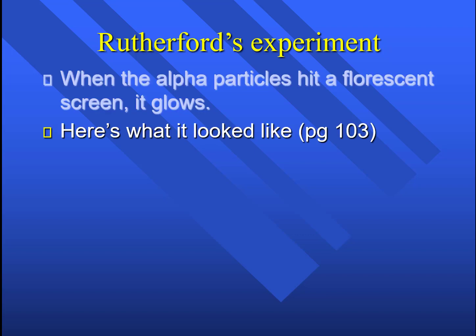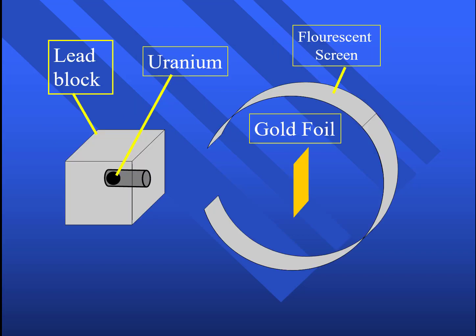So this is on page 103 in your book. This is me trying to draw it. Okay, the key components. First, he's got a big lead block. The lead stops alpha particles completely. He drills a hole into it and sticks the uranium inside.